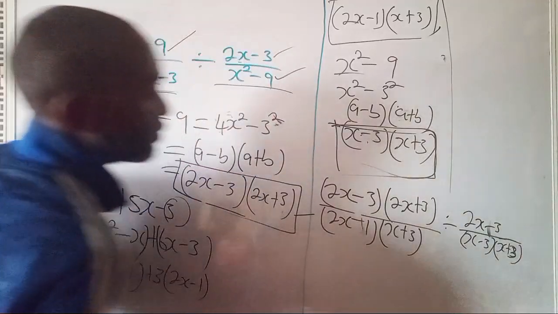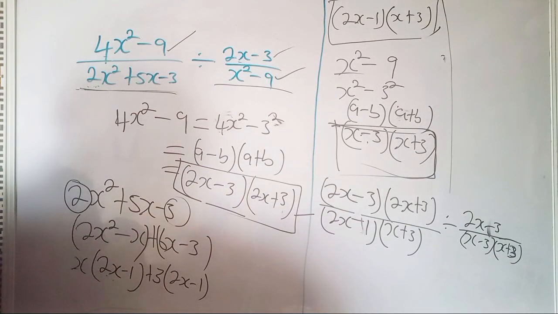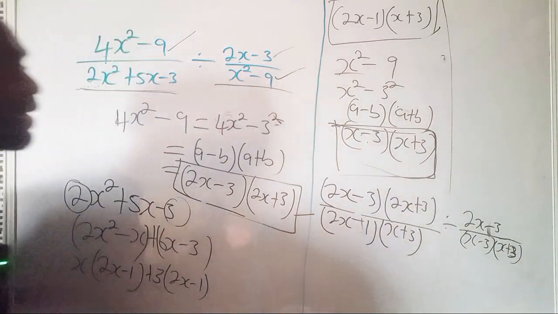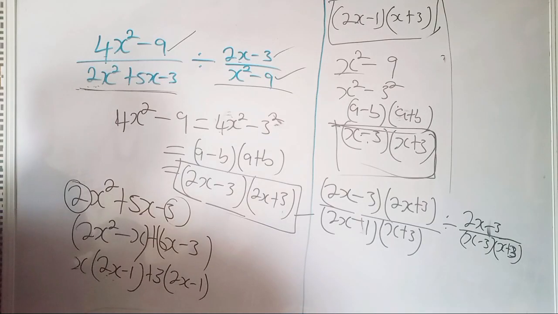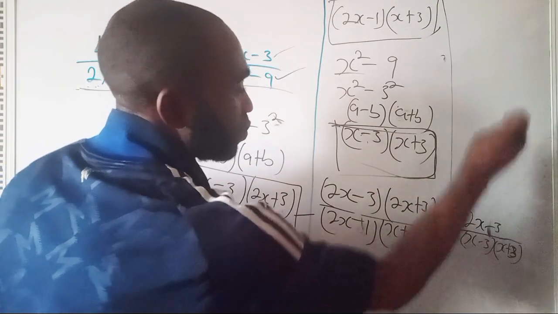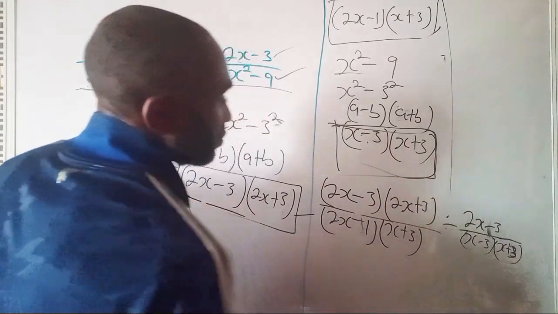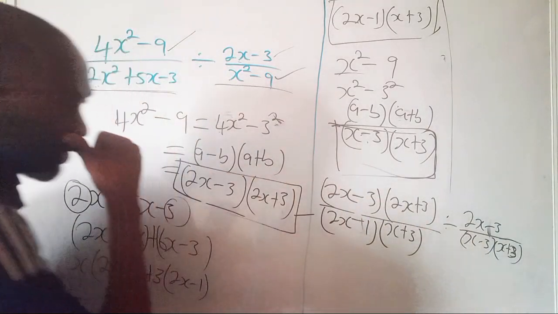Okay. So now, after we factor all we have, the next thing is to change this division sign to a multiplication sign. And by doing that, we are going to do what is called reciprocal. And what is reciprocal? We are going to change the denominator to go up while the numerator comes down by changing this division sign.